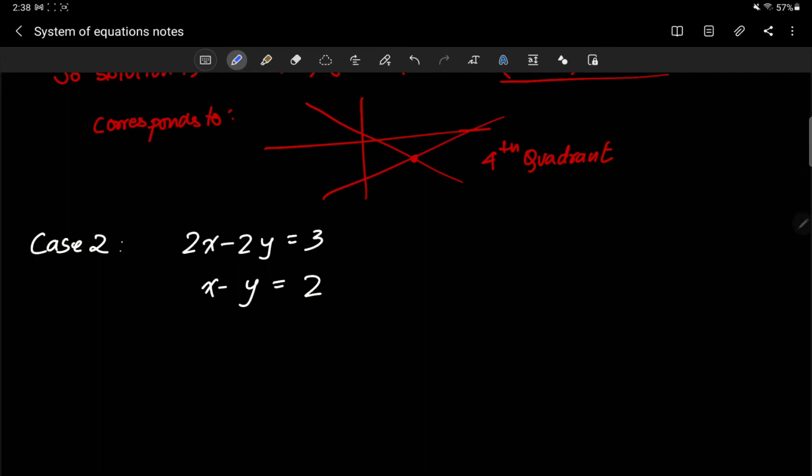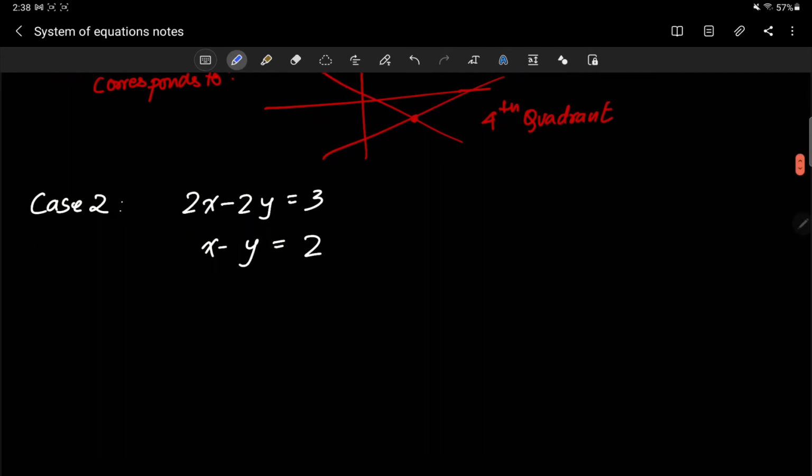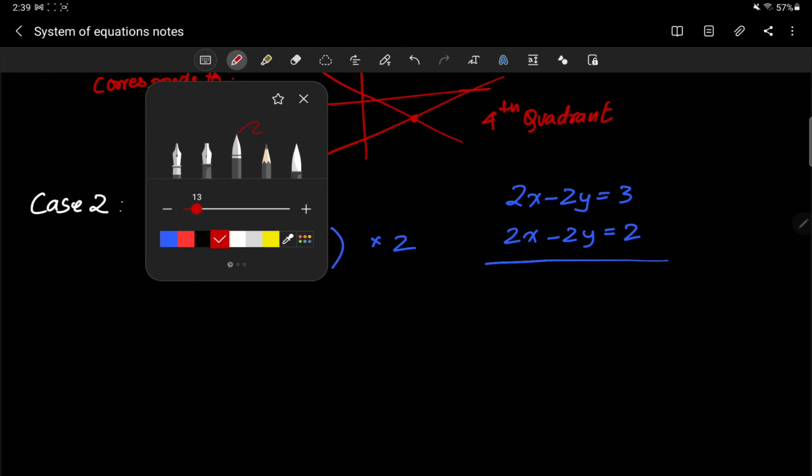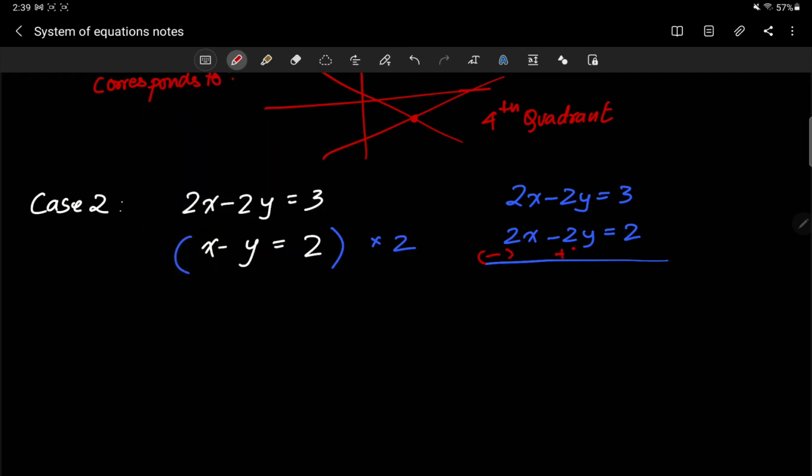Case 2 says 2x minus 2y equals 3 and x minus y equals 2. So I notice here that I can make the coefficient of x the same simply by multiplying the second one by 2, which leads me to 2x minus 2y equals 3 and 2x minus 2y equals 2. Now here, when you subtract, you're going to end up with something bizarre, because these cancel out and you end up with 0 equals 1, and that is surely not true.